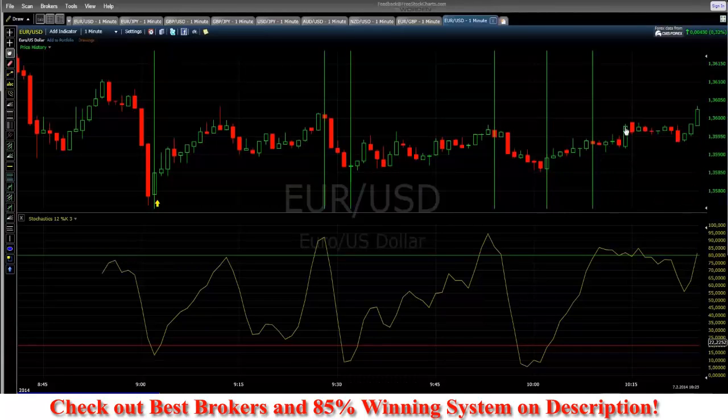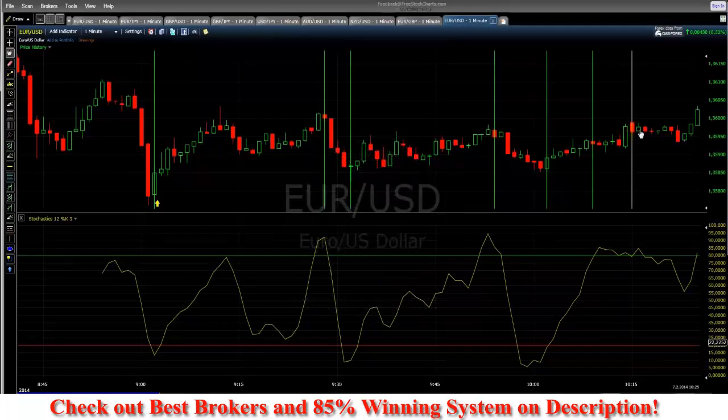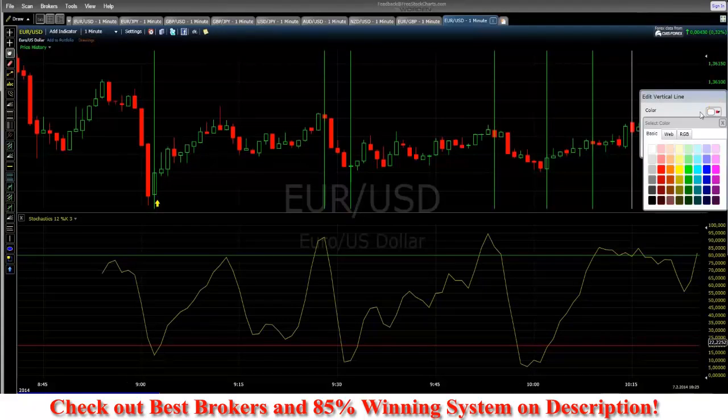And if I would enter the trade here, so basically if I would want to wait to get a bit longer green candle, I would wait until this moment. So I would enter the trade down when this candle closed. So it would be 1, 2, 3, 4, 5. This would be a winning trade. I'm going to mark this with a green line.